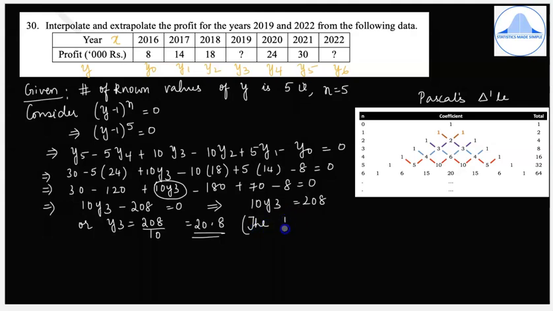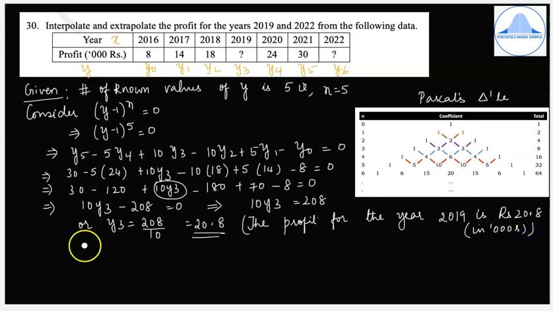So here if you want, you can write the profit for the year 2019 is rupees 20.8 in thousands. So next we have to find out y6.